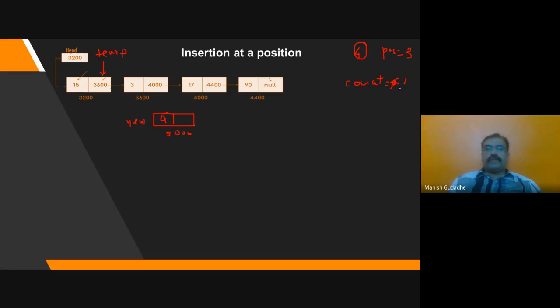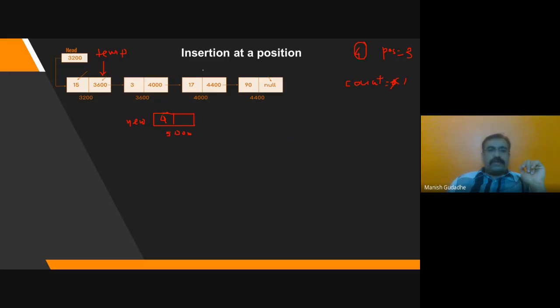So make count as 1, because temp is now pointing to the first node. Then I will traverse the list till I get the position -1 place.